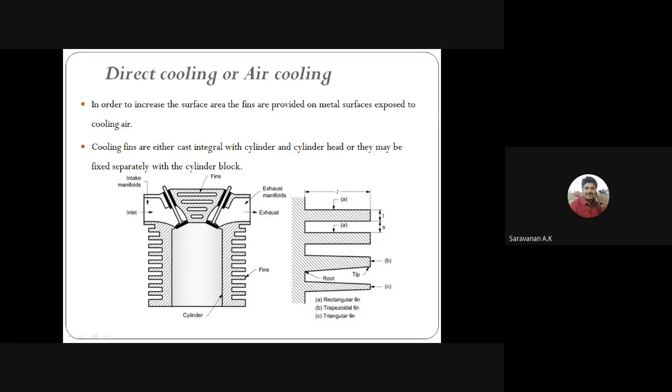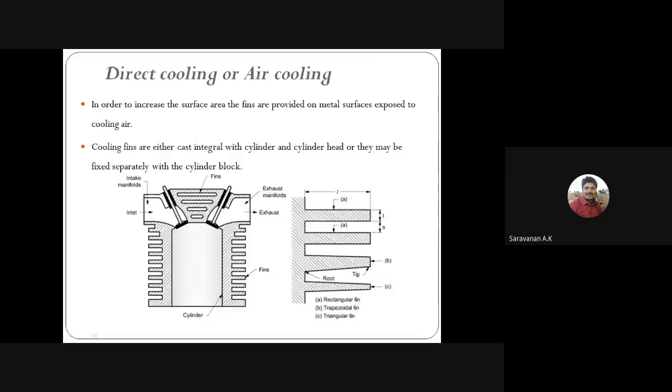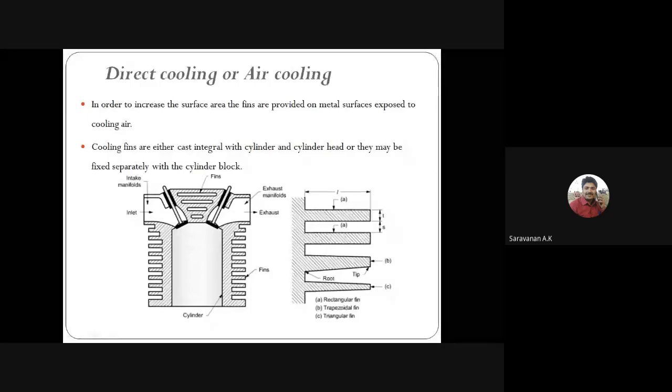The length, spacing, and thickness of the fins are represented here as L, S, and T. L is the length, S is the spacing, and T is the thickness.